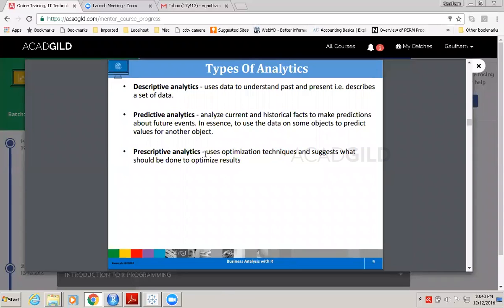But in prescriptive analytics, you will be looking at, for example, your dependent variables: what are the factors that could actually be impacting our future performance? That is where we will be using R and statistical analysis to come up with predictive analysis. Clear? Right, sir.